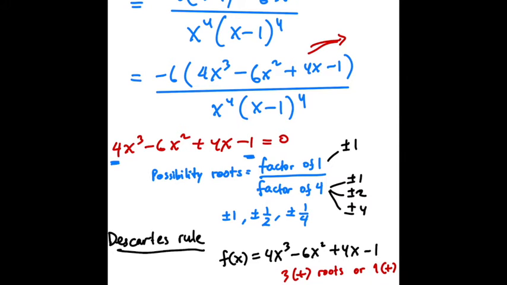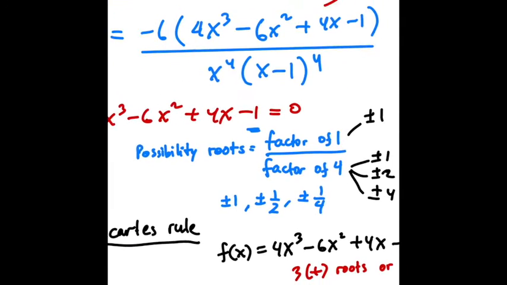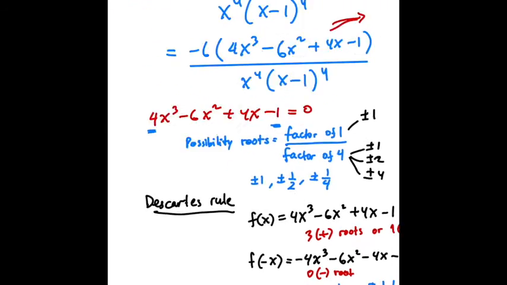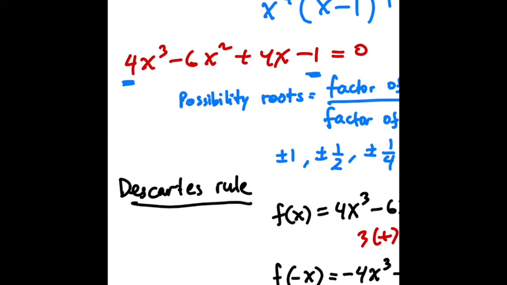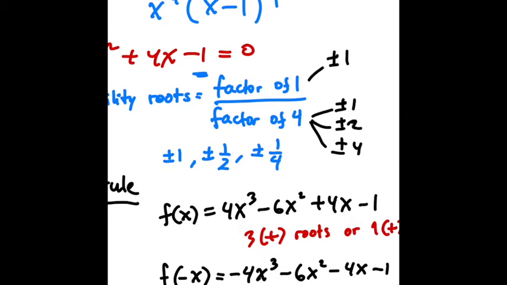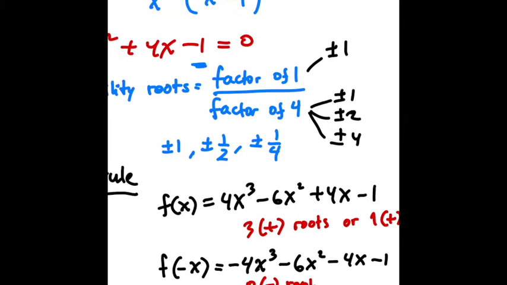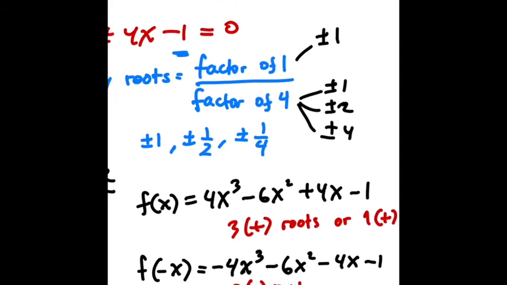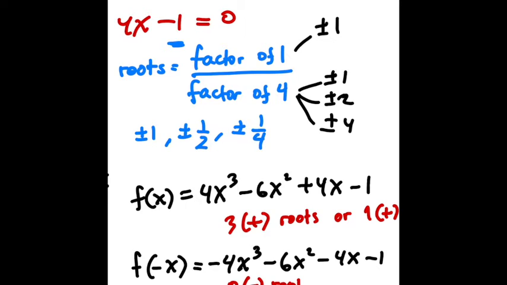To check which positive or negative root we want to try, if you want to check the signs, we can check through Descartes' rule. This is actually a basic formula for polynomials. We check the positive x, so this is just the original function. We see there is a change in signs.